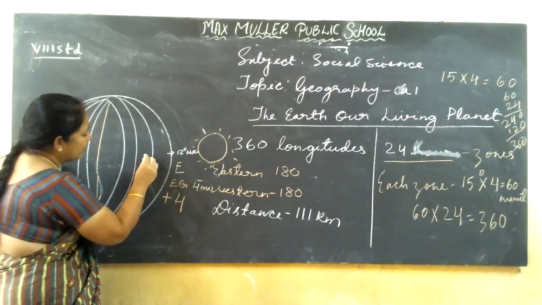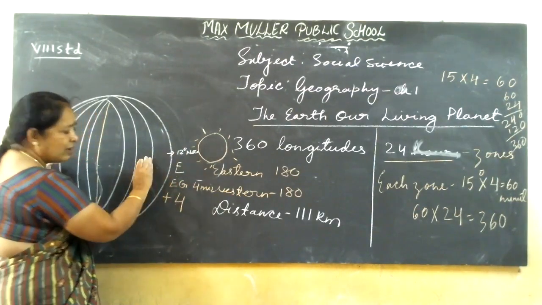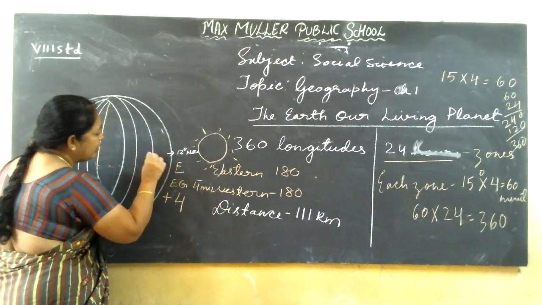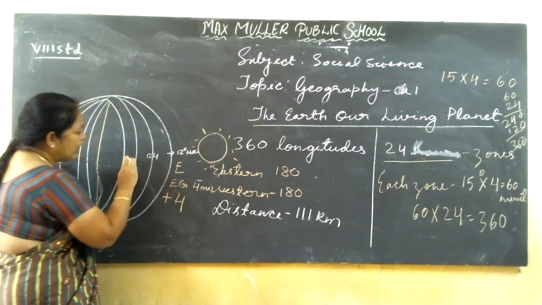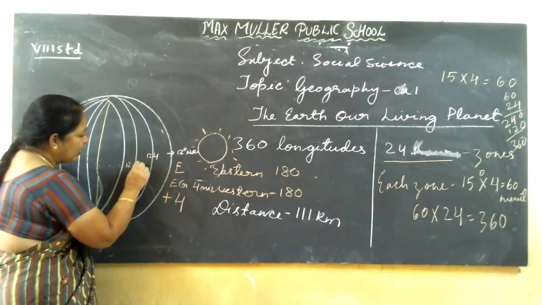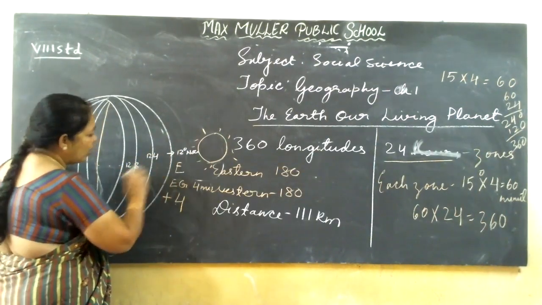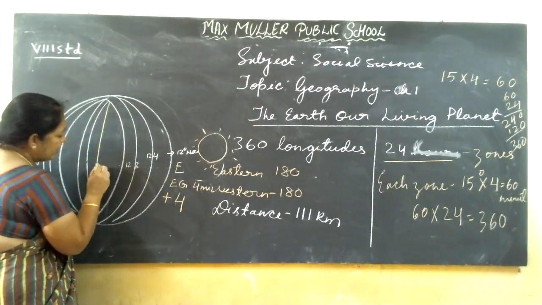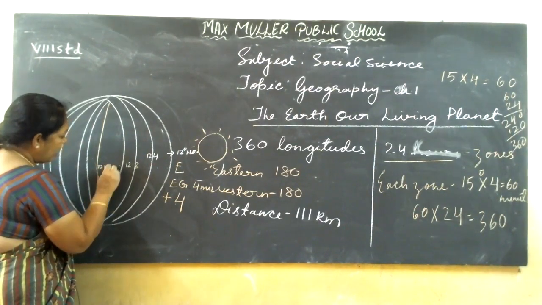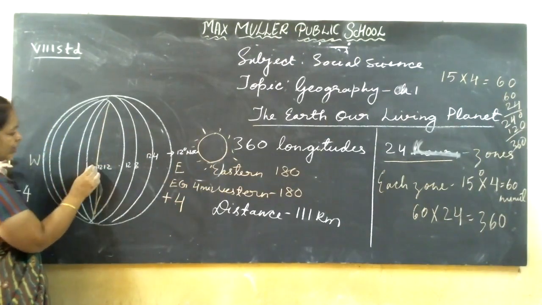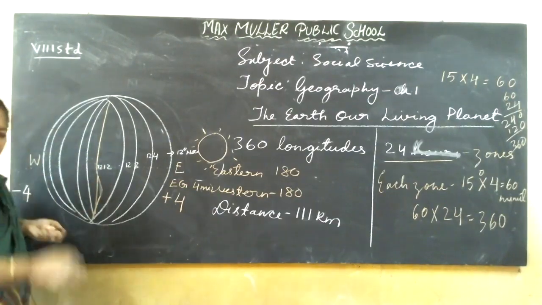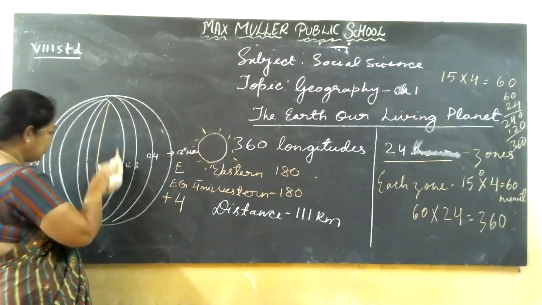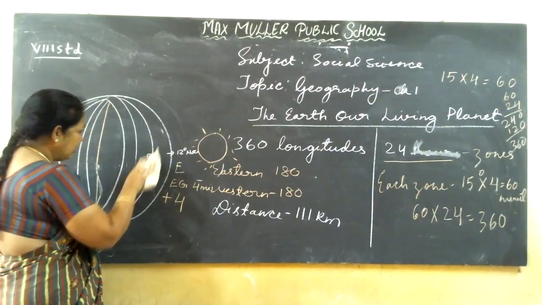So when this goes there, it will be 12:04. When again this comes, it will be 12:08. When it goes on rotating, next is 12:12. And whereas I am coming here, when it is exactly at 12 o'clock, sorry, I am writing one.